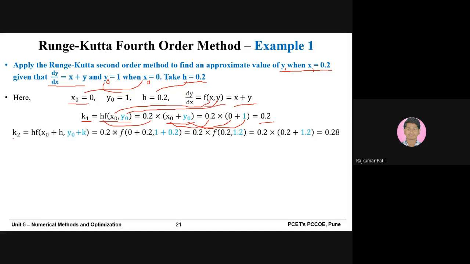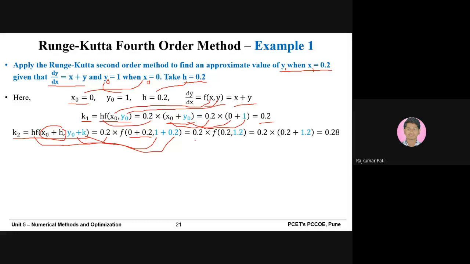Then by using this formula you can calculate k2. So k2 is equal to h into f of x naught plus h, y naught plus k1. So h is 0.2 and x naught is 0, y naught is 1 and k1 is what we just estimated, that is 0.2.